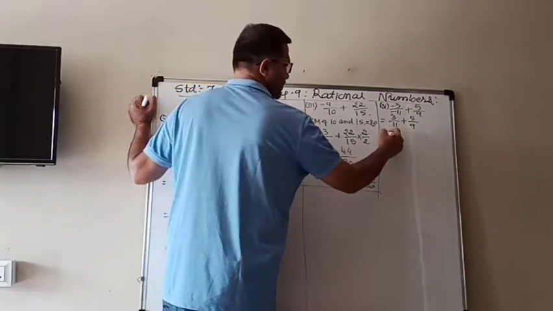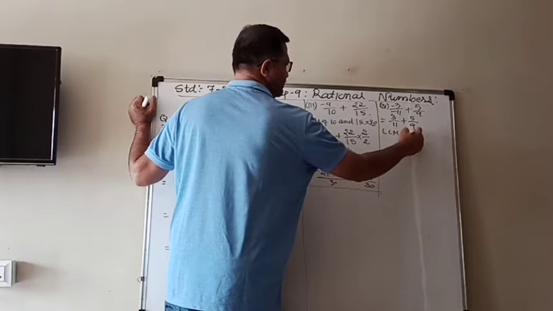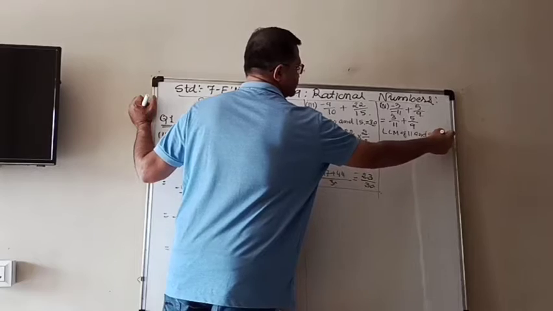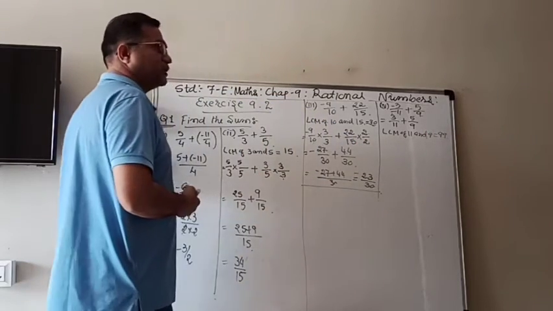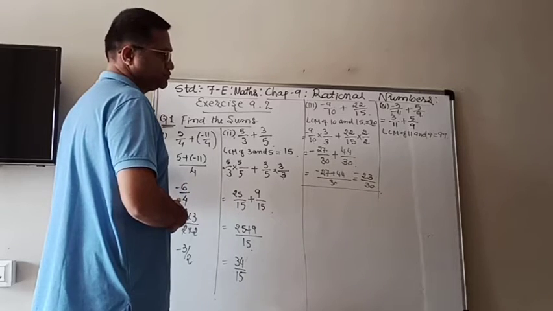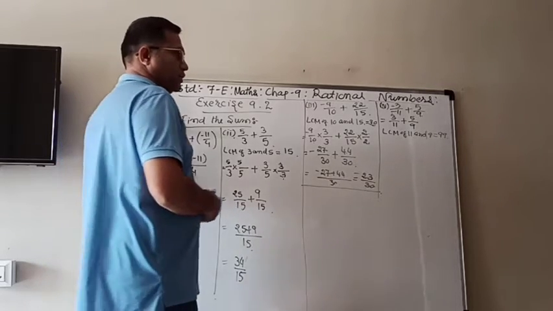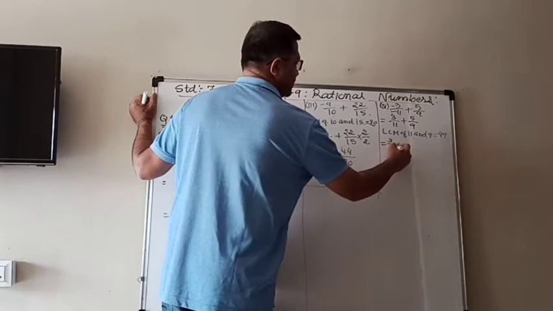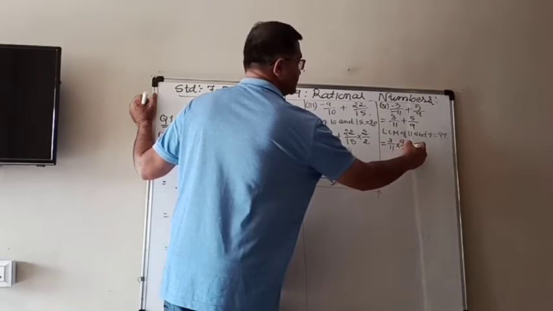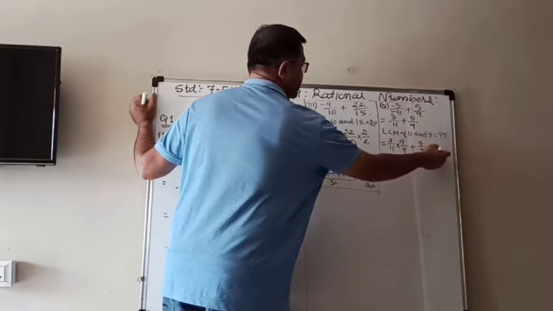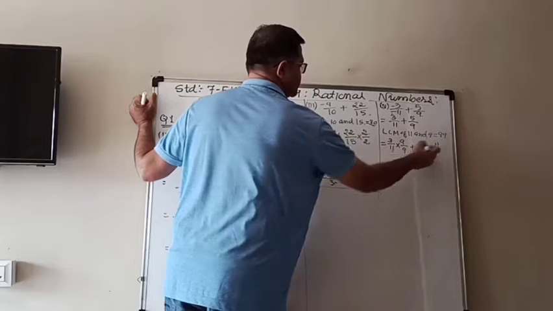Now the LCM of 11 and 9 is 99, because they are co-prime numbers, they don't have any other common factors. So 3 upon 11 multiplied by 9, 11 9s are 99, and 5 upon 9 multiplied by 11, 9 11s are 99.